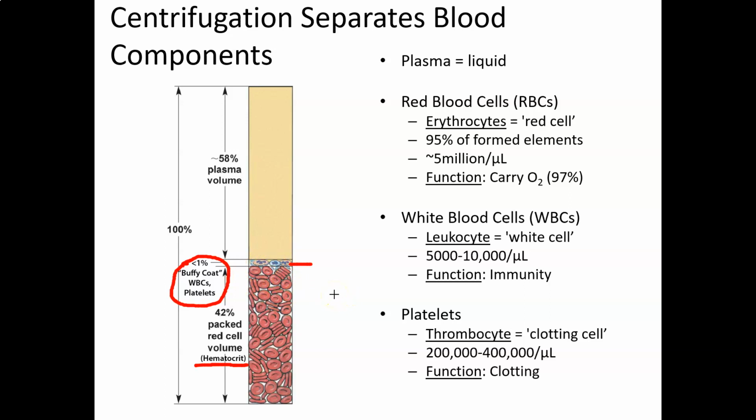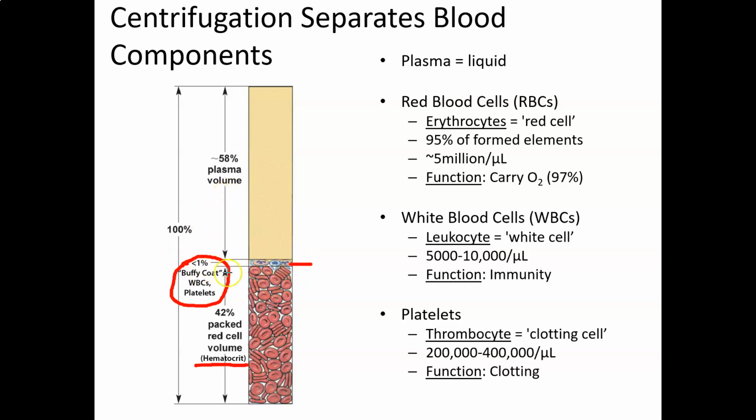The other portion of it is platelets. Now, platelets, we have a couple hundred thousand platelets in a microliter of blood. So they're not non-existent or anything, but they're just cell fragments. So together they just make up a small part, and that's the buffy coat. It's actually very hard to see with the naked eye oftentimes as well.